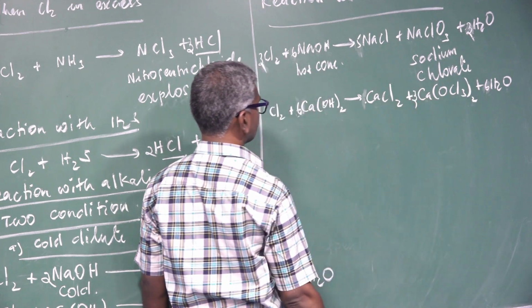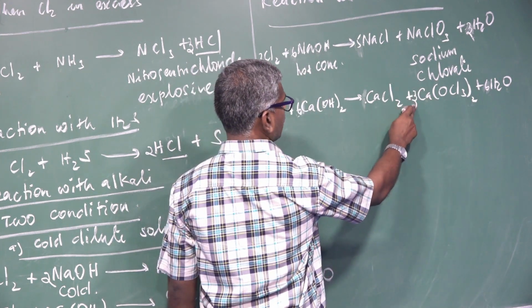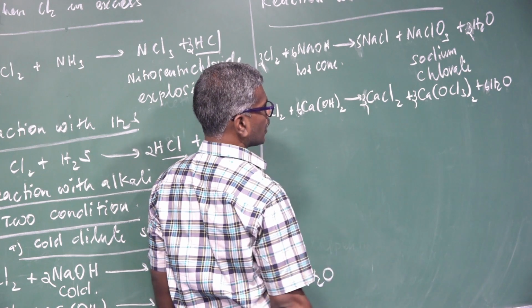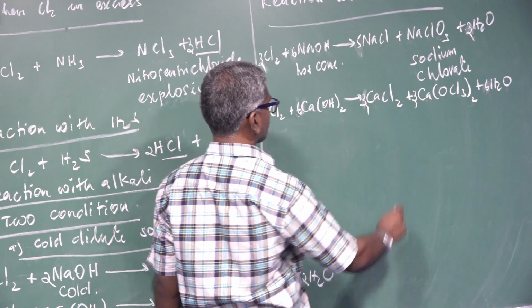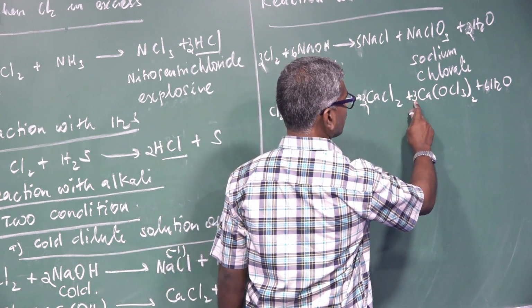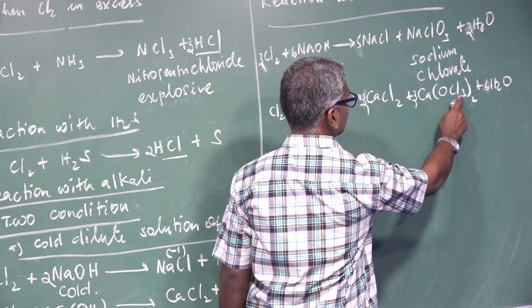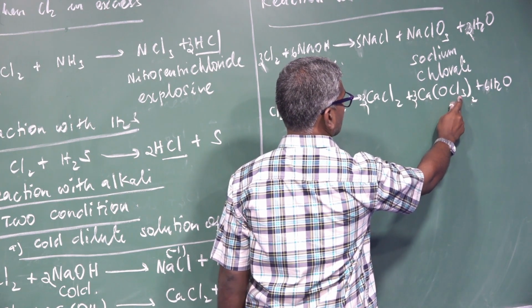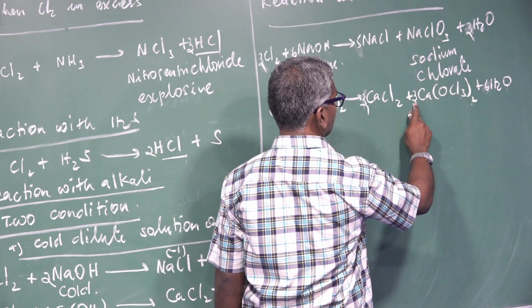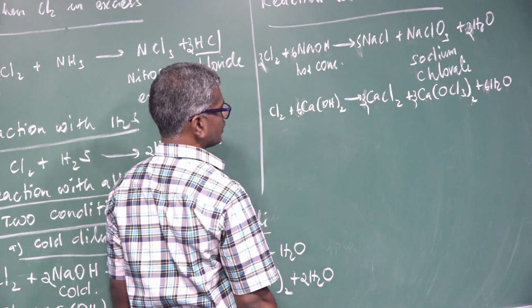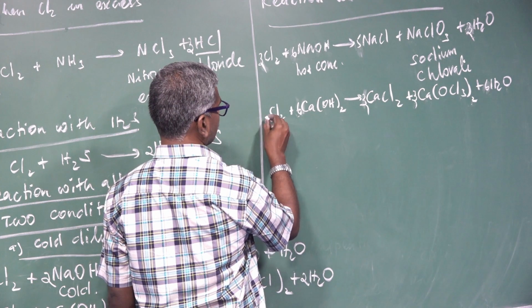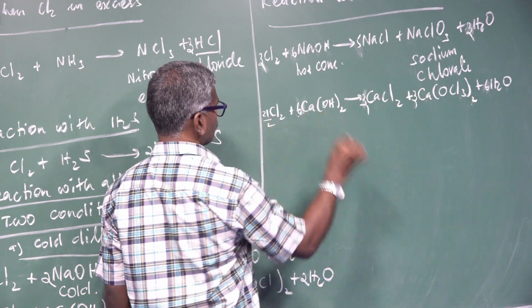So write 3 times, 3, here 3. How many chlorine? So how many chlorine here is 2, 6, 6, 18. 18 is what? 21. 21 divided by 2.